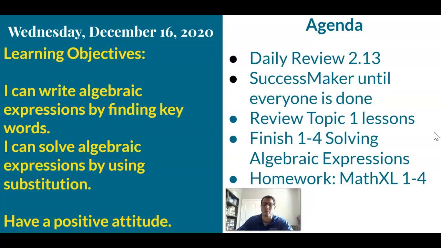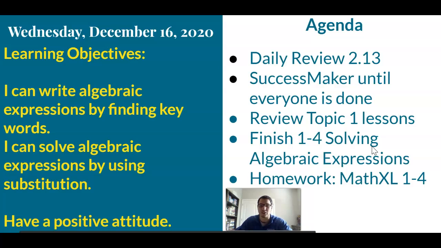We're going to practice writing algebraic expressions. And then we're going to finish up our guided notes from yesterday, which is 1-4, solving algebraic expressions using substitution. Your homework for tonight is Math Excel 1-4.